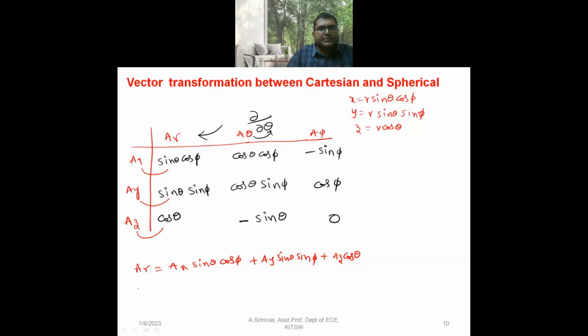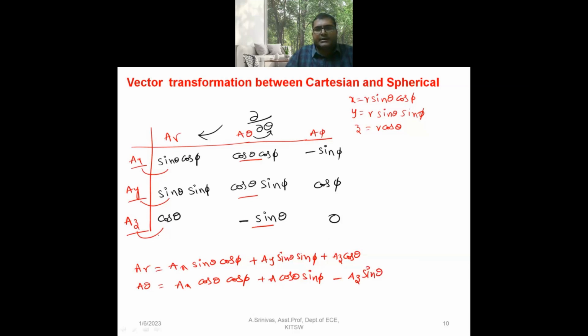And for Aθ you can take the sum of the products of Ax and these terms, that is Ax cos θ cos φ plus Ay cos θ sin φ minus Az sin θ.